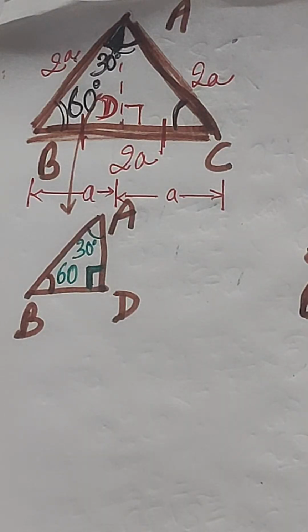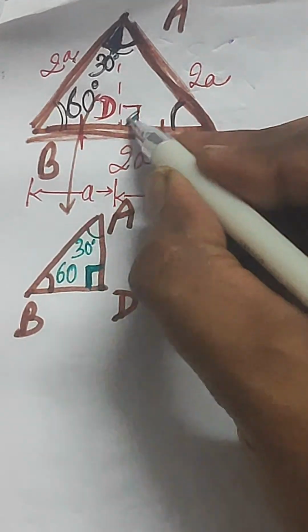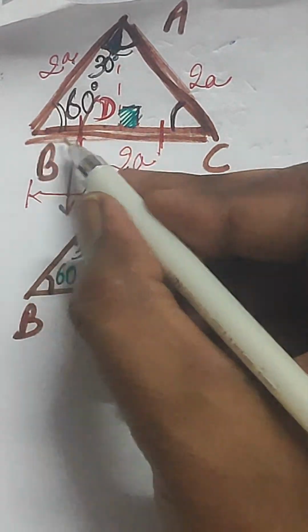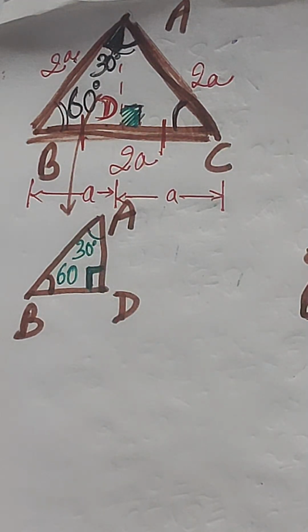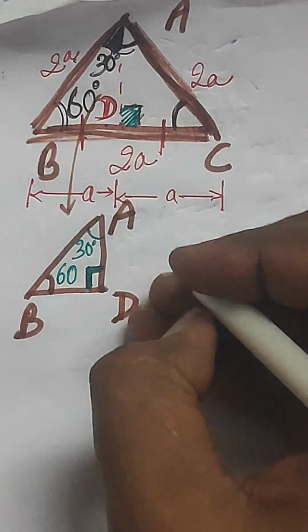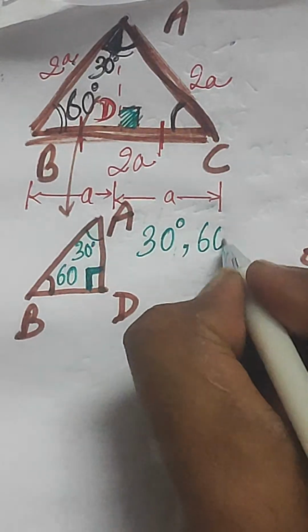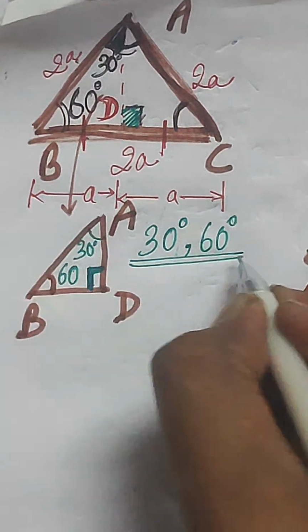If this is 90, then the opposite side is also 90 because it's a straight line. Perfectly fine.